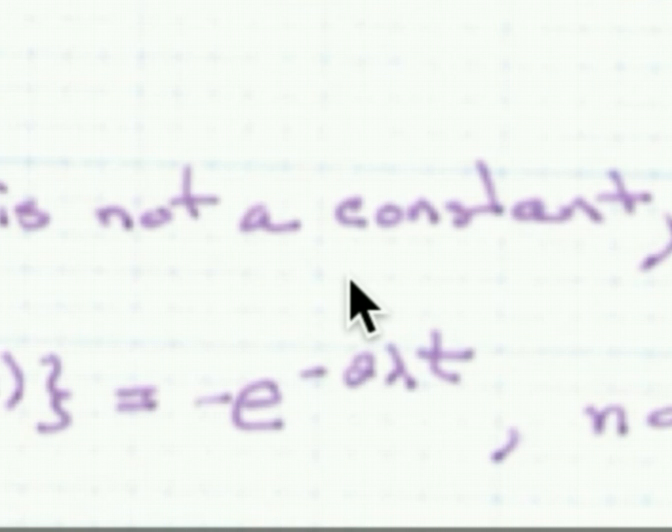The expected value, or the mean, was defined in part B, where we have mu of t equal to the expected value of X of t, which ends up equaling minus e to the minus 2 lambda t. Excuse me. And of course, noting that t is equal to t2 minus t1.